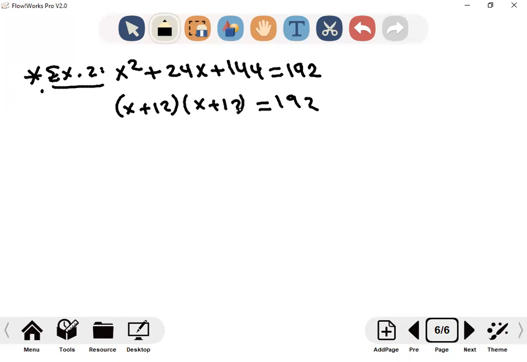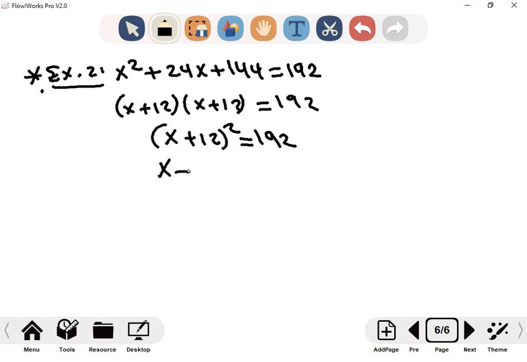And always check: 12 by 12 is 144, 12 plus 12 is 24. You have the same parenthesis, meaning x plus 12 power 2 equal 192, right? Now we do the rest of the steps.